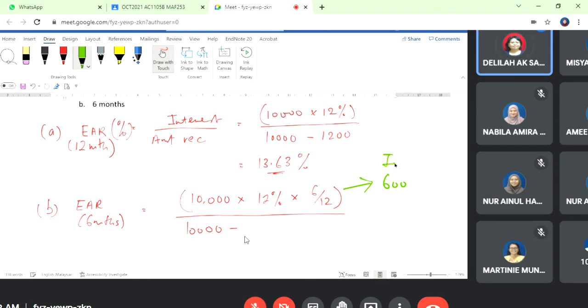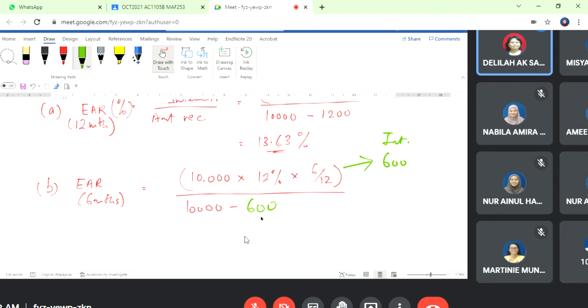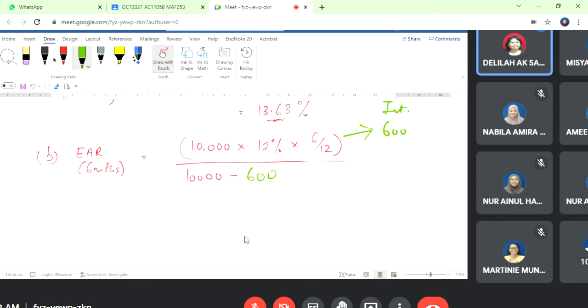Okay, the interest. So we will deduct the interest for 6 months. And that's going to give you berapa persen? 6.38%, madam. Okay, 6.38%.